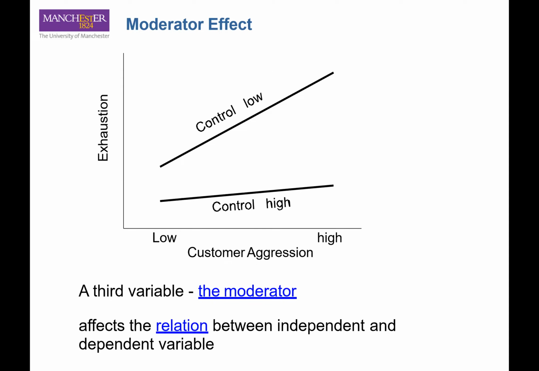From a diagram, we can also discuss that if the control is low, the relationship between customer aggression and exhaustion will be stronger, because if people feel they have lost control, customer aggression will have a significant effect on employees' exhaustion.